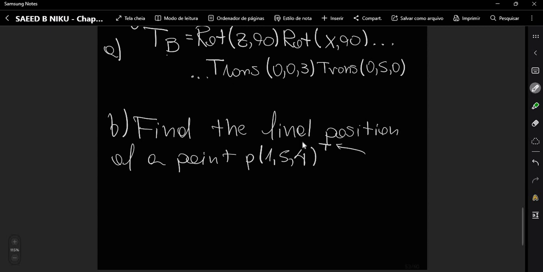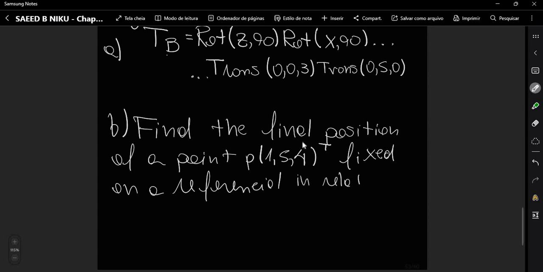This T means transpose, and if we transpose these coordinates, we get the matrix form, just this, which is fixed on a referential in relation to the reference system.